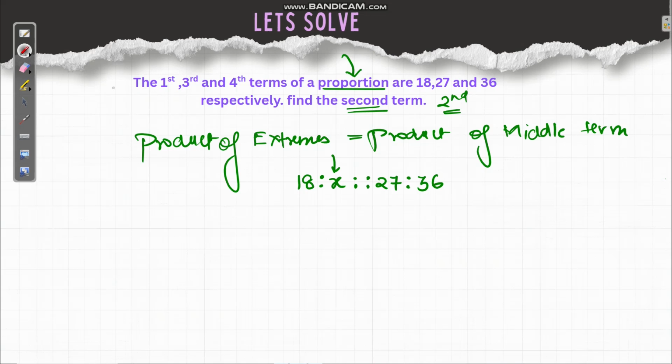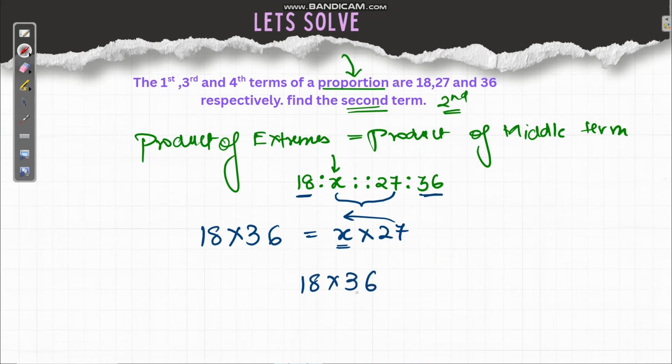So the formula says product of extremes, that is 18 and 36. So 18 into 36 will be equal to product of means, that is the middle terms, x into 27. Correct? Now I want to find x. I'll take 27 on that side, so that will be 18 into 36 divided by 27, because multiplication is converted to division, is equal to x.